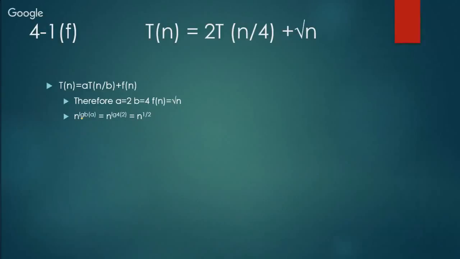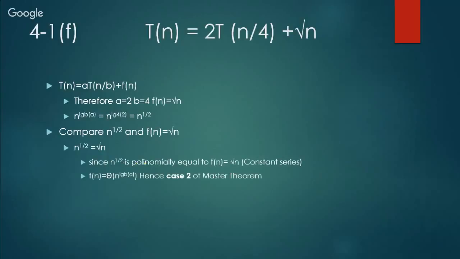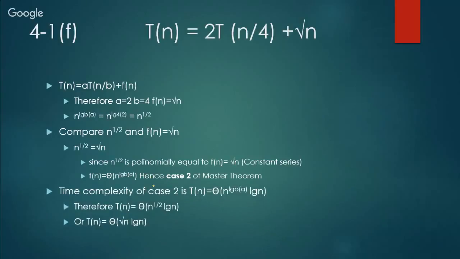Plugging into n^(log base b of a), we find that solution, compare it with the function, and we find they are polynomially equal, hence a constant series, which is case 2 of the master theorem. Therefore, our time complexity equals theta of square root n log n.